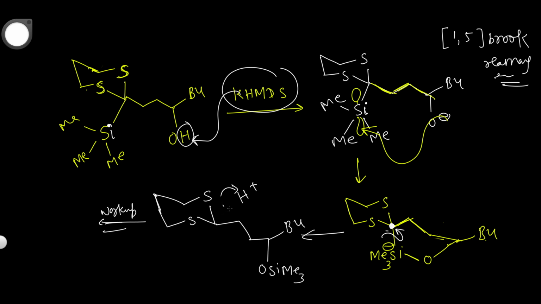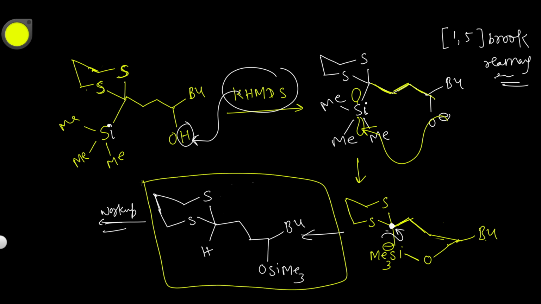Let me show you. After the protonation, after the workup, that negative charge will take a proton and form a hydrogen bond here, and this is our final product. Okay, this is our final product, right?